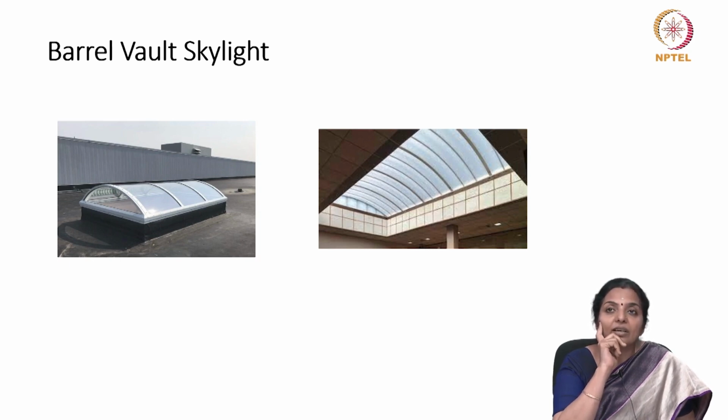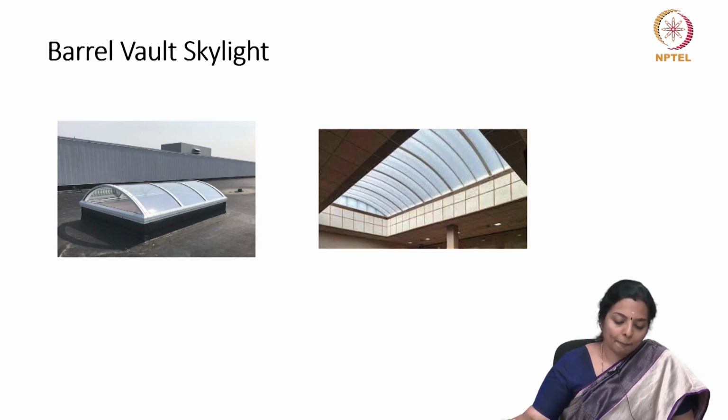Hence, more than 80% of the roof area is covered by the skylight if you use the barrel vault skylight. This type of skylight is preferred usually in passageways or canopies or parking shelters, mall arcades, medical and educational institutions, and in industrial complexes.